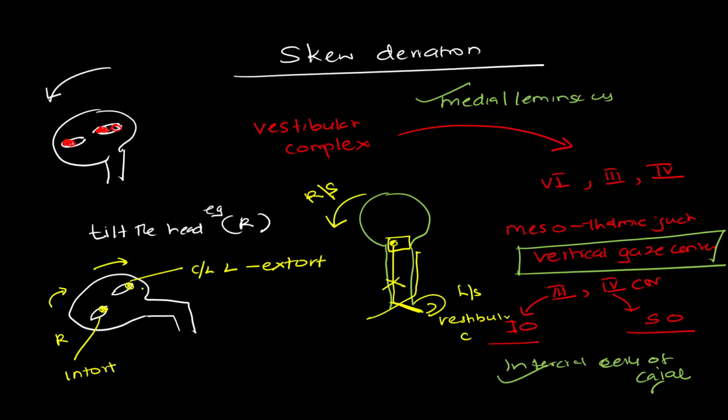Hence, it activates the vertical gaze center and causes the changes that are usual in such circumstances. In this case, it causes the right eye to intort as well as the left eye to extort.